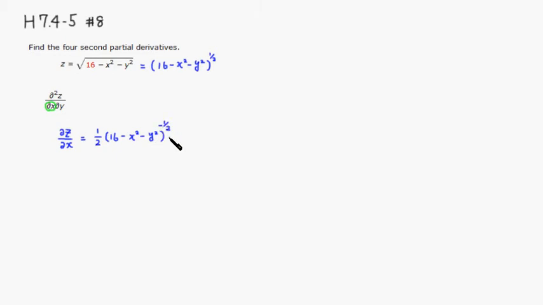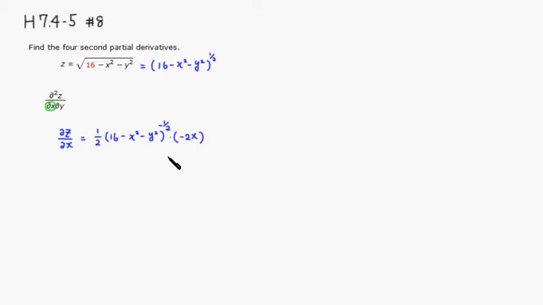Then multiply by the derivative of the inside. The derivative of 16 is 0 since it's a constant. The derivative of negative x squared is negative 2x. And the partial derivative of negative y squared with respect to x is 0, because y is considered to be a constant.